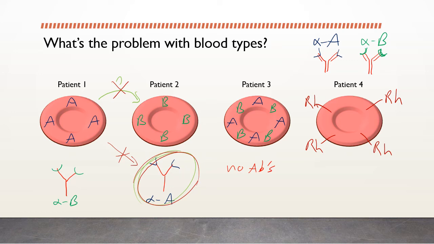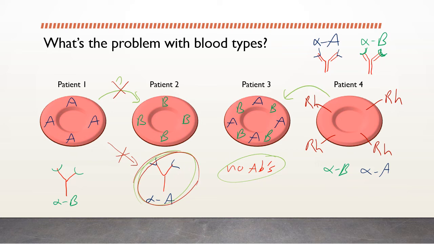Patient 4 has neither, so they're going to make both anti-B and anti-A antibodies. So you would think that if I gave a transfusion of blood from patient 4 to patient 3, there would be no problems. There are no antibodies, after all, in patient 3's blood.